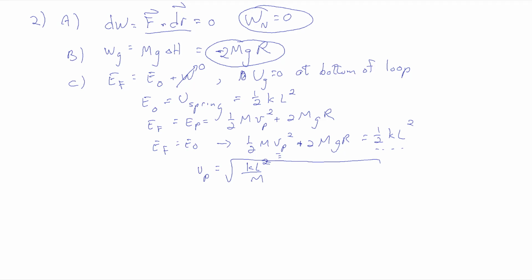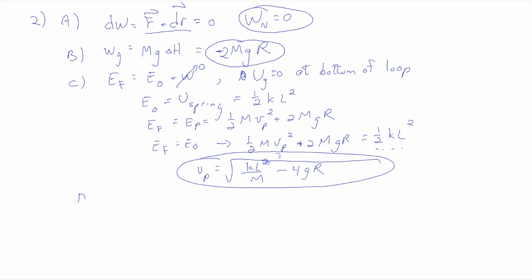So the 2's will cancel. I'm sorry, the 2's will multiply. You'll have 2 over m, so you'll have minus, the m's will cancel, minus 4gr. And that's the answer. That's VP expressed in terms of K, L, M, G, and R. So that's the answer to part C.